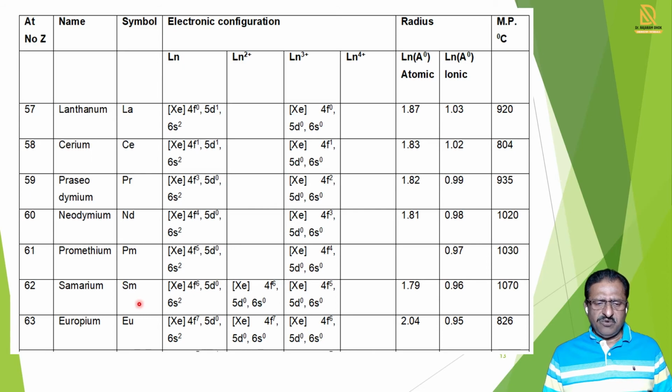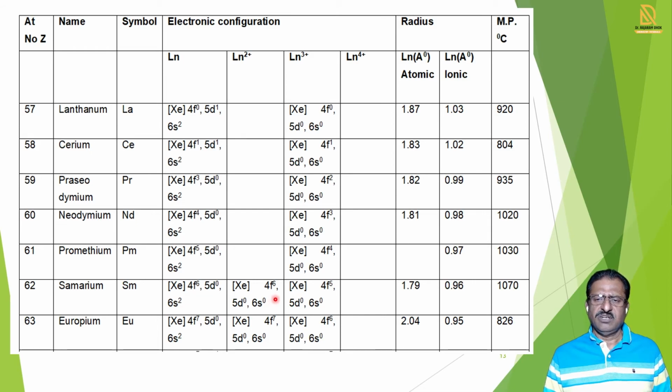But samarium, along with +3, also shows the +2 oxidation state. If we see the electronic configuration, it is 4f6, 5d0, and 6s0. 4f6 means 6 electrons are present in the f orbital.